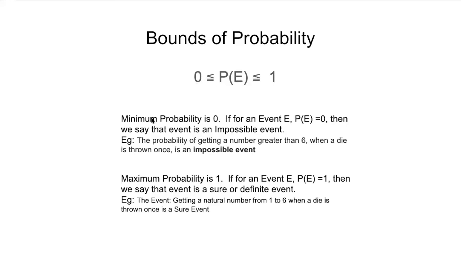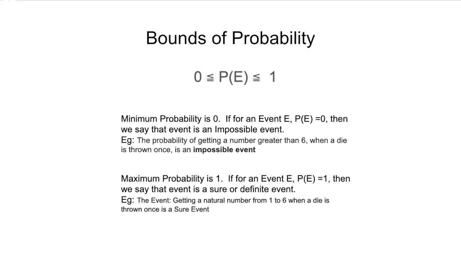So the minimum probability is 0. If for an event E, P(E) is 0, then what does that mean? It means that the event is an impossible event, because if the probability is 0, there is 0 chance of that event happening.